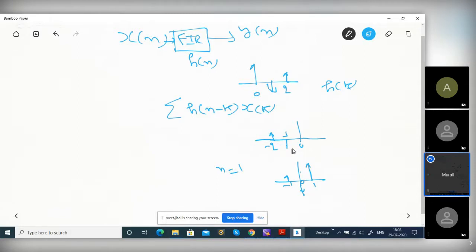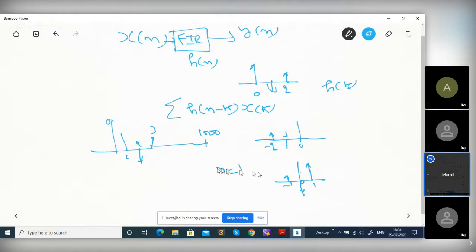So x of k is my signal, some signal, and it is very long, some 1000 samples. You have to filter this signal.